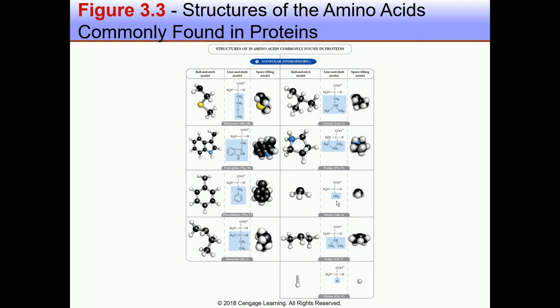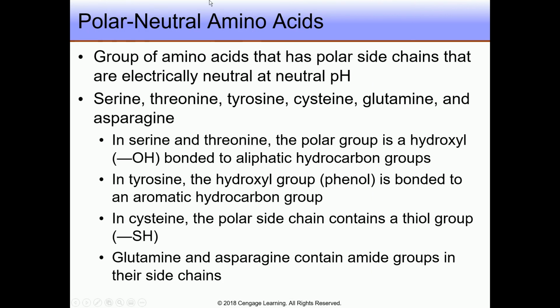The second category is polar neutral amino acids. This is the category which includes your serine, threonine, tyrosine, cysteine, glutamine, and asparagine. For example, serine and threonine have a polar group like the OH group. Now it has oxygen in it. Because of the presence of oxygen, which is an electronegative atom, this group is polar in nature, and this group is present in these amino acids, so these amino acids are polar.